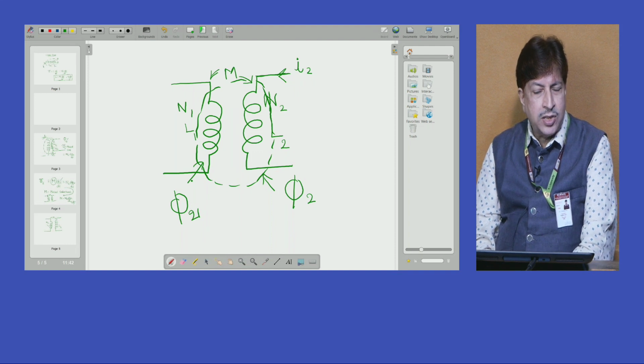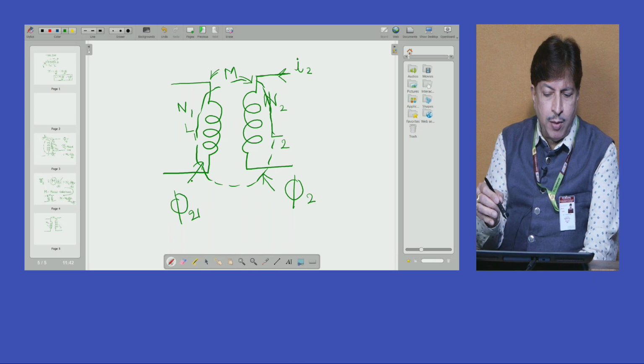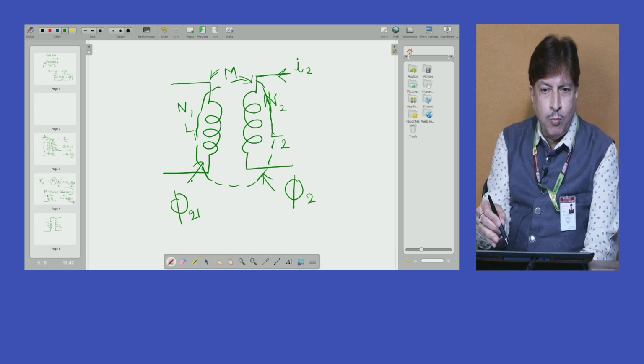Hence, in this case, self EMF is developed in coil number 2, hence I must represent V2.